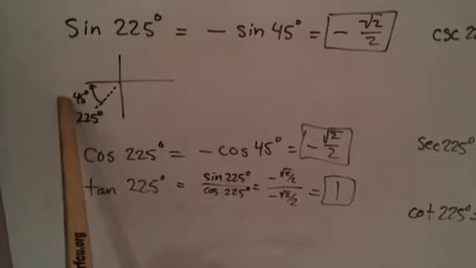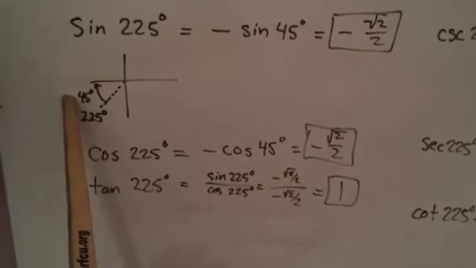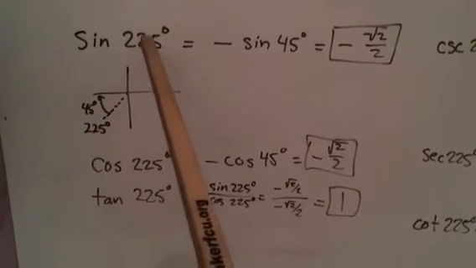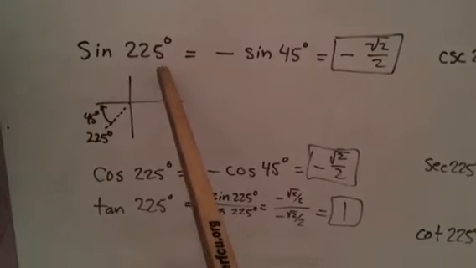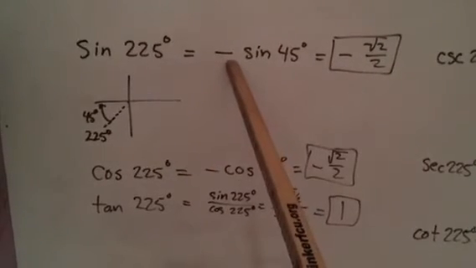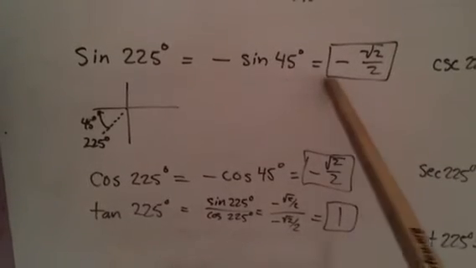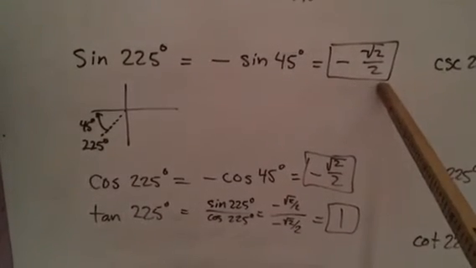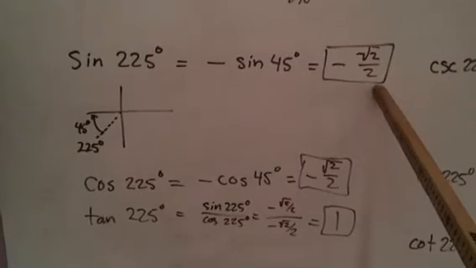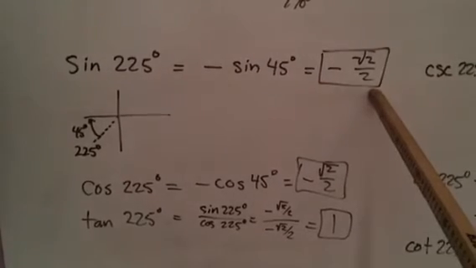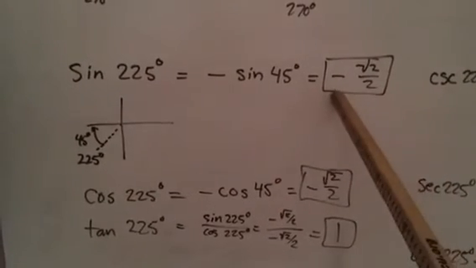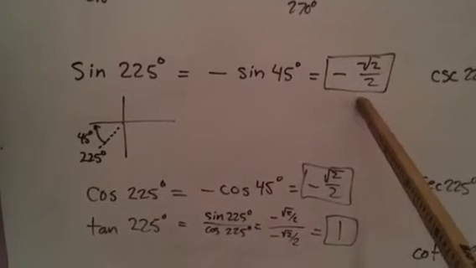Since we're in the third quadrant, both sine and cosine are negative. So the sine of 225 is equivalent to negative sine of 45 degrees, which, from our 45, 45, 90 triangle, is square root of 2 over 2. So the sine of 225 is negative square root of 2 over 2.